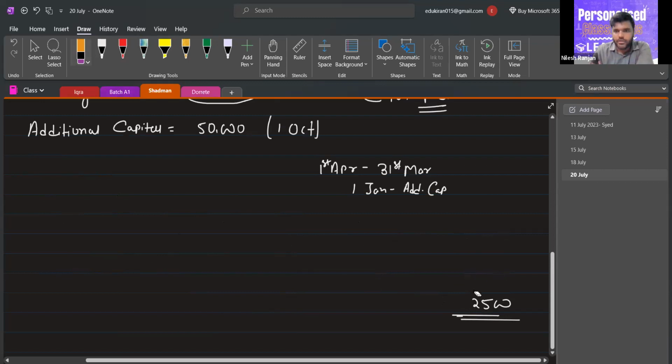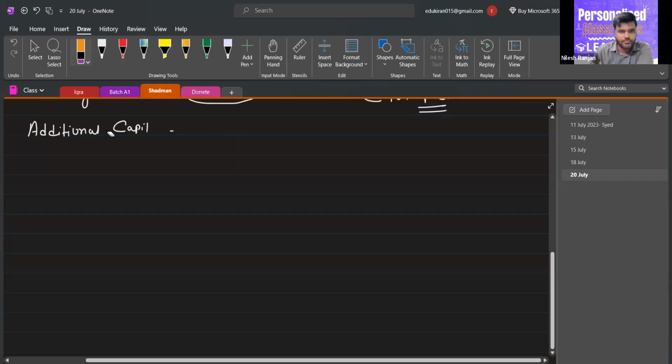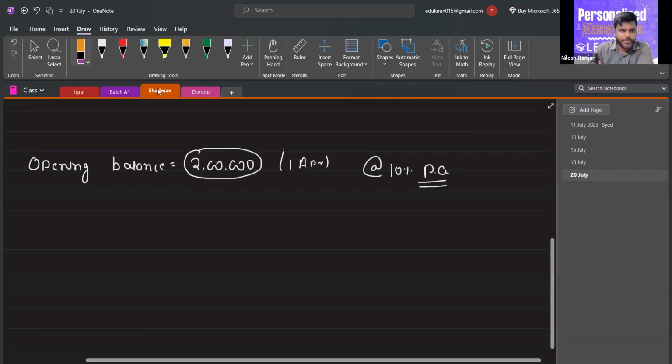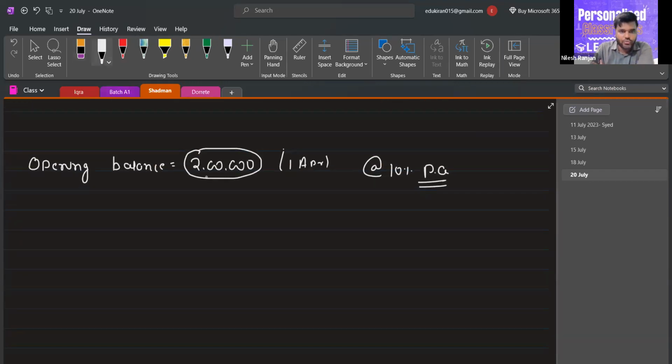Okay. So now there is a little change here. The opening balance is 2 lakh and additional capital is 1 lakh.